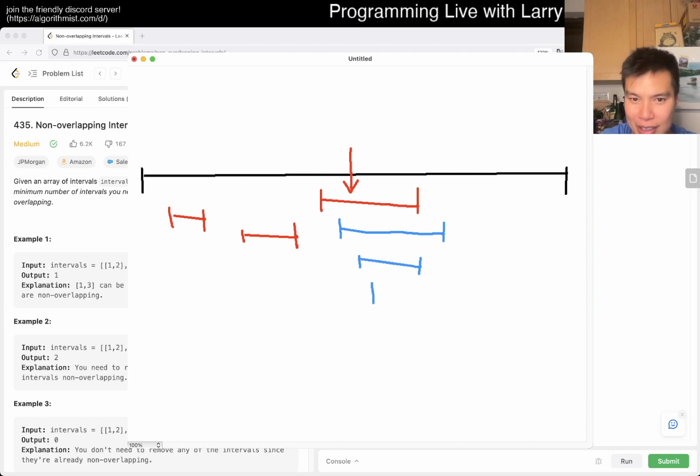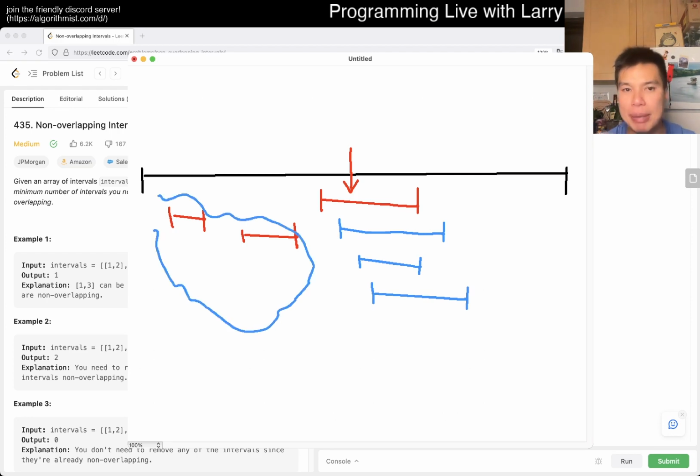Because of that, we also know that we don't have to care about anything before this. In that sense, it's memoryless, because by definition this does not overlap with any of these here. That means nothing after these will be overlapping with these, right? Hopefully that part makes sense.